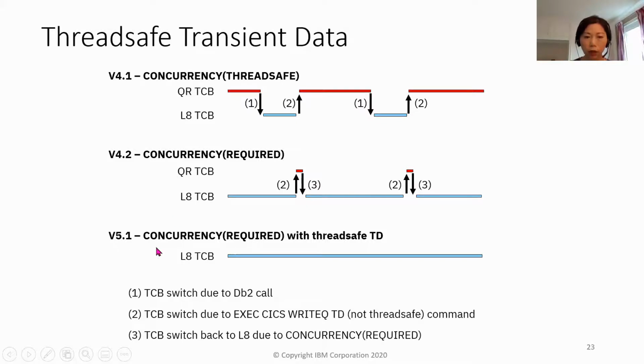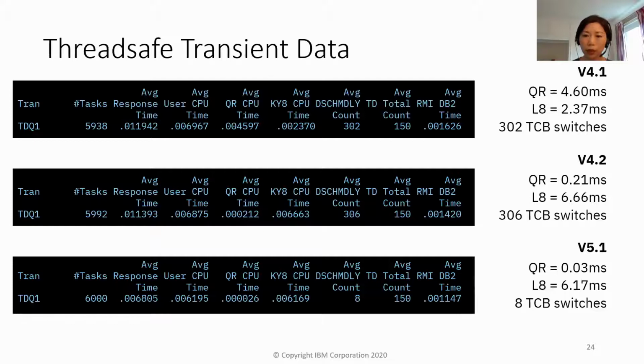Then in 5.1, we made the write queue TD thread safe. With that, this kind of application always stays on the L8 TCP without needing the QRTCP when the application is running.